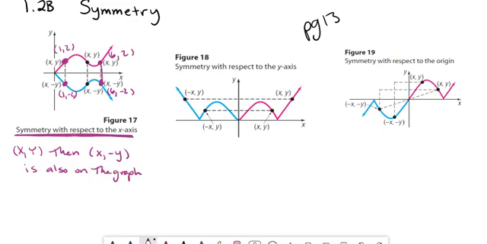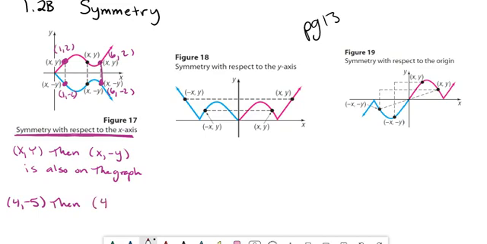Okay, so again, to be a graph with symmetry with respect to the x-axis, if you're given a point x comma y, then x comma negative y is also on the graph. So again, another example, if we were given the point 4 comma negative 5, then we know that x comma negative y is also on the graph.